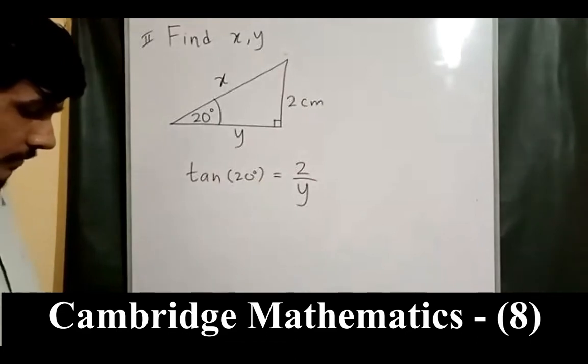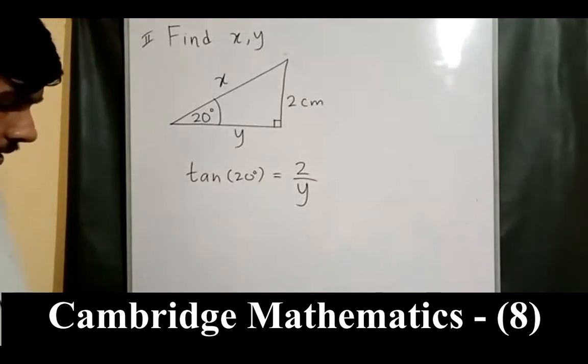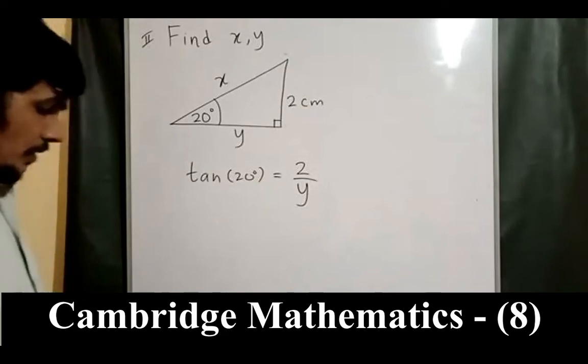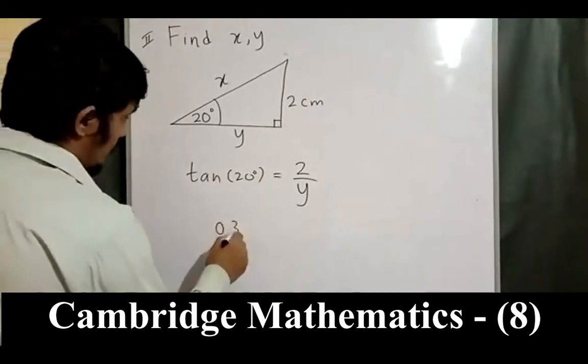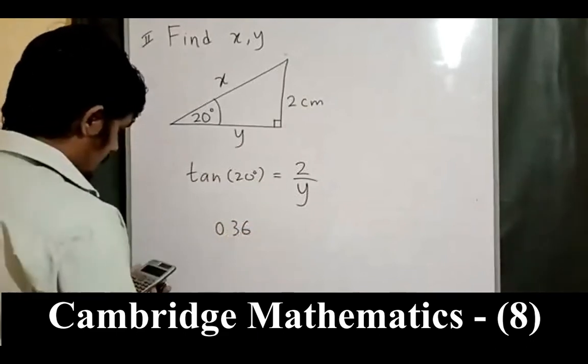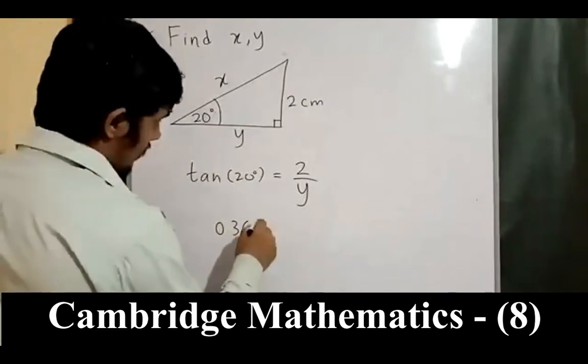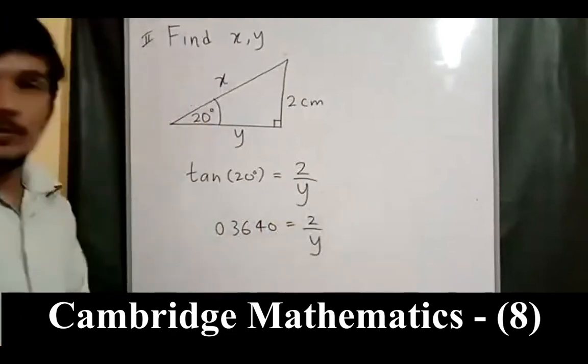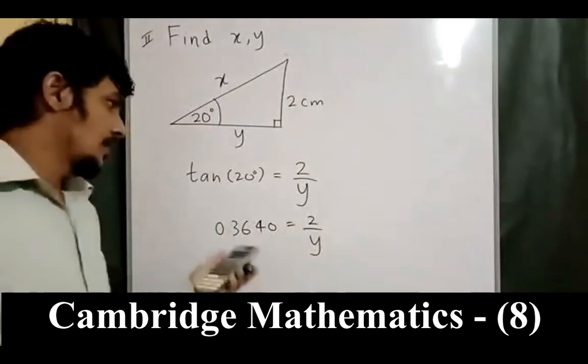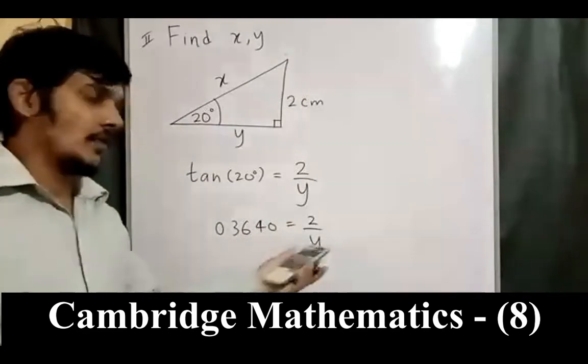Tan 20, so you are getting 0.3639, roughly 0.3640, equals 2 over y. Now this is a very important point. Here we have 0 point something equal to 2 over y.